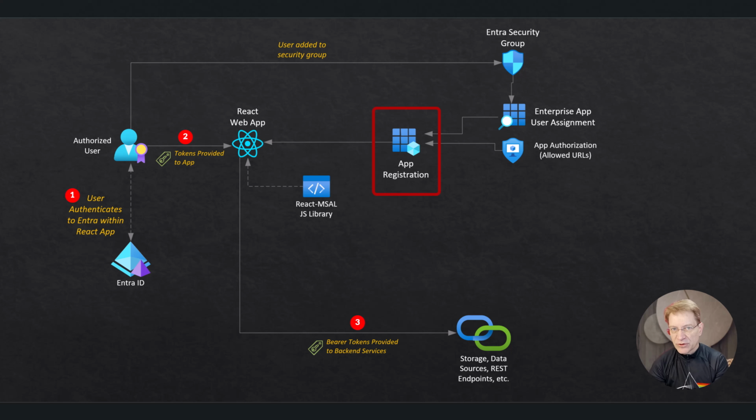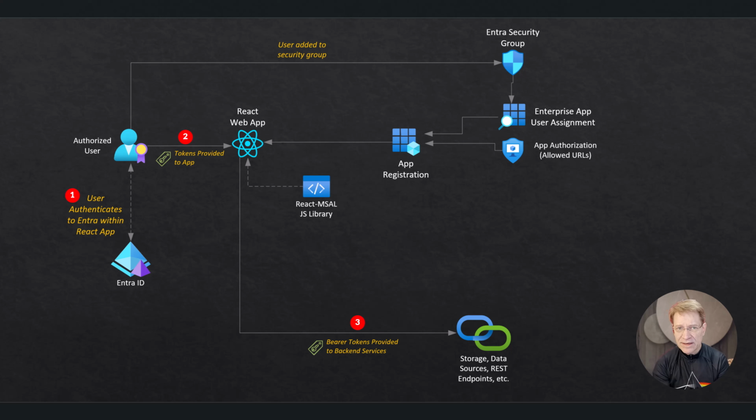Within the app registration, we have to tell Entra what URLs the app runs on, and only apps running on those URLs can use the registration. We can also optionally authorize users to use the application too. We can leave it kind of open, but we can lock it down, and in this case we will. We'll lock it down to certain URLs and certain users or security groups that can use it.